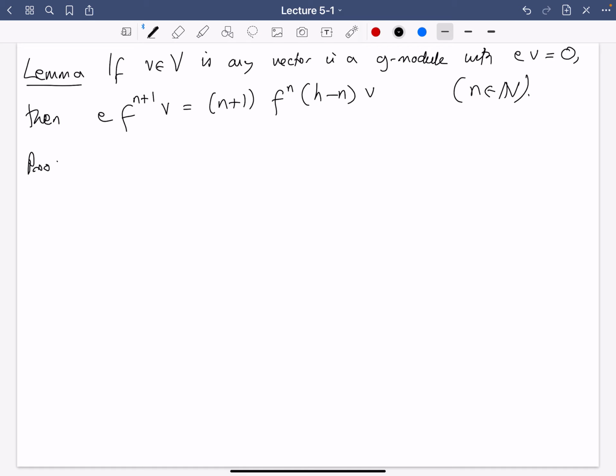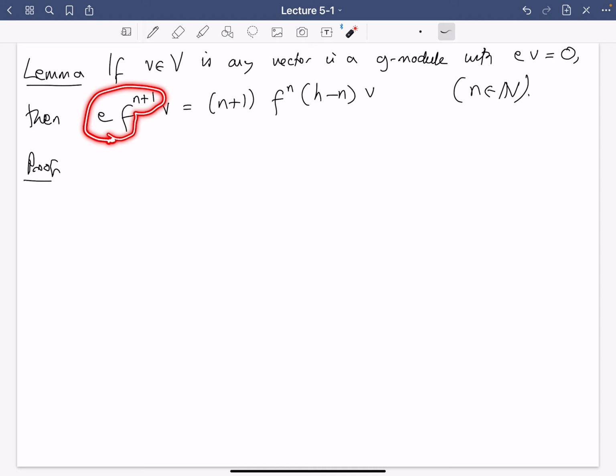And so here's the calculation. This is maybe the first place where you see how handy it is to have the universal enveloping algebra around. I mean, this made sense for the Lie algebra acting on the vector v, but it's even better to think of this E f to the n plus 1 as being a monomial in the universal enveloping algebra.